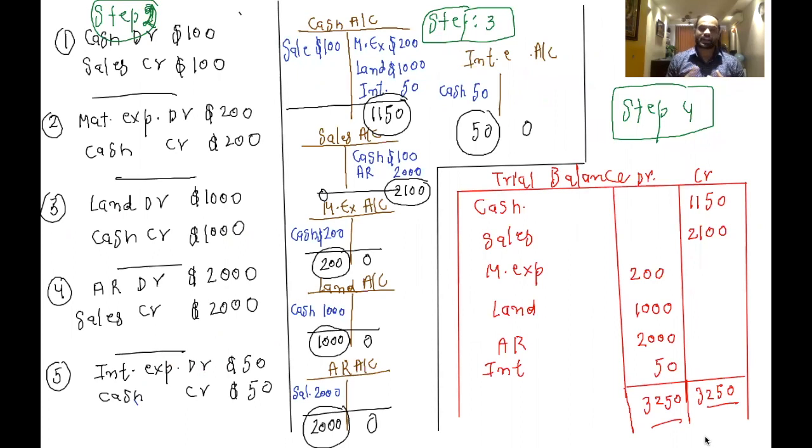Maybe in your journals, maybe in your ledger, or maybe you made a mistake transferring information, writing in a credit column instead of the debit column in your trial balance. So you have to recheck until you get the balance equal. If you still cannot get the balance equal, then of course I will help you check your homework.